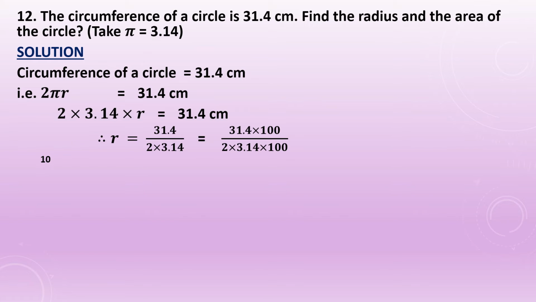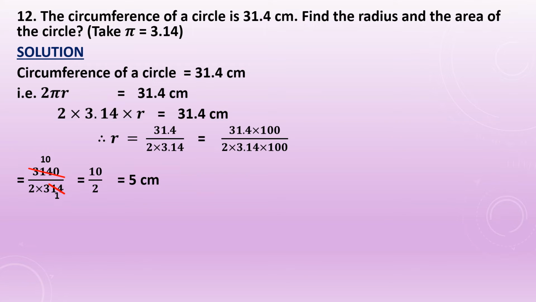So we get 31.4 multiplied by 100 whole divided by 2 into 3.14 multiplied by 100, which gives 3140 divided by 2 into 314. We can cancel 314 and 3140, which gives the numerator as 10 and the denominator as 1. So we get 10 upon 2, which is equal to 5 centimeter. That means the radius of the circle is 5 centimeter.